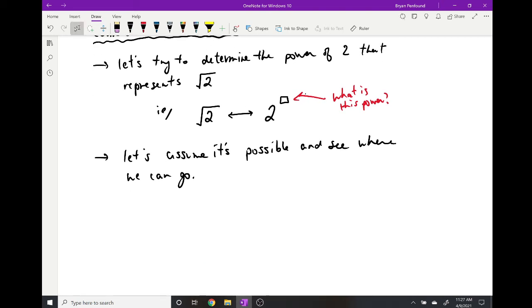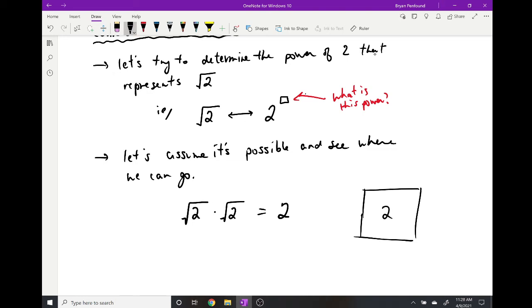He had already been working a little bit with square roots with his class, so his class already knew that the square root of 2 times the square root of 2 should be equal to the number 2.